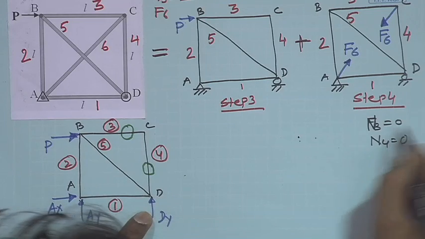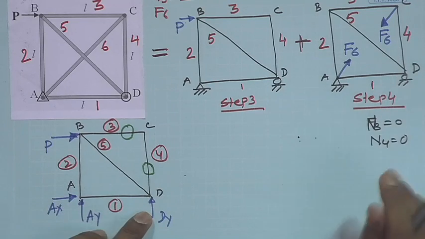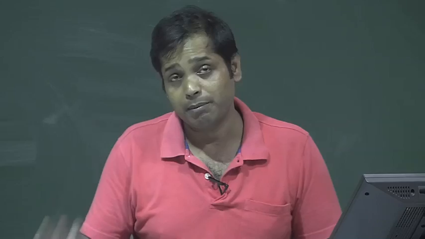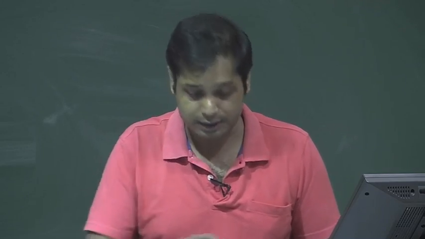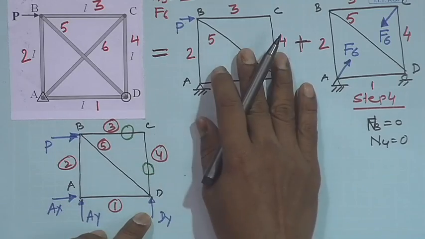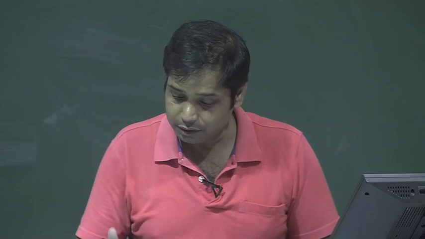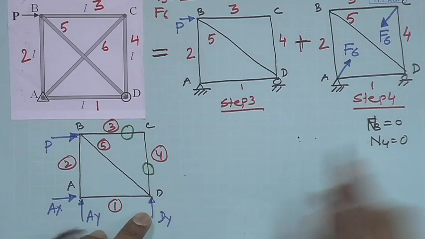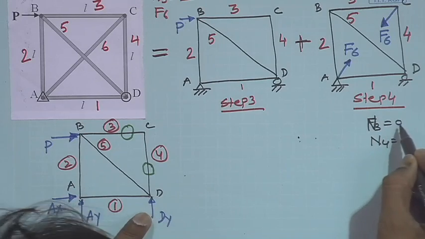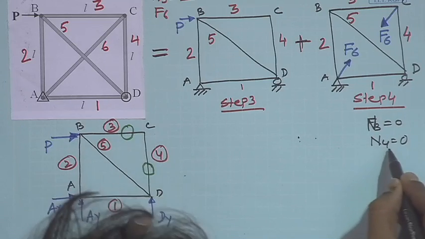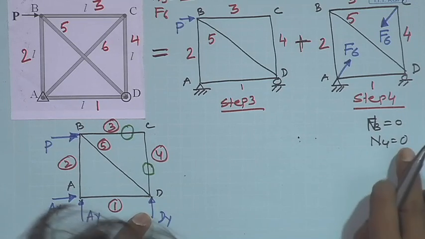N is the symbol for the member force in the primary structure when it is subjected to the load; F we reserve for the member force in the final, actual structure. As in the last class, capital N3 is the force in member 3 and capital N4 is the force in member 4. These are all 0.